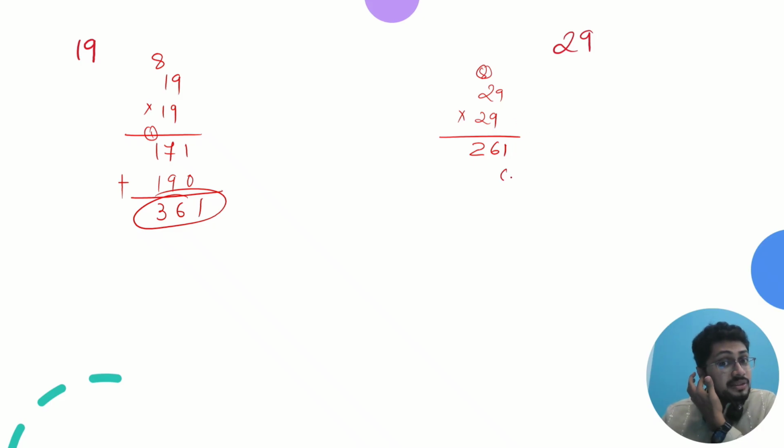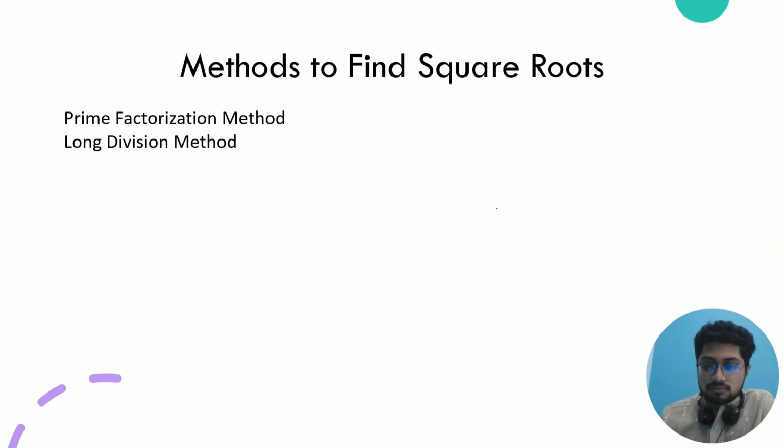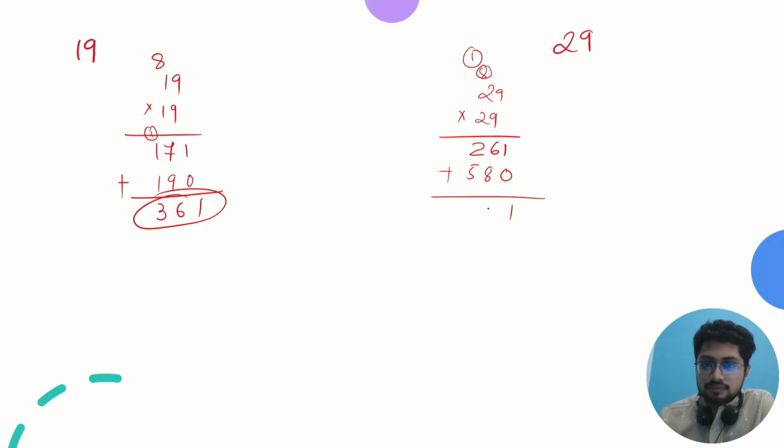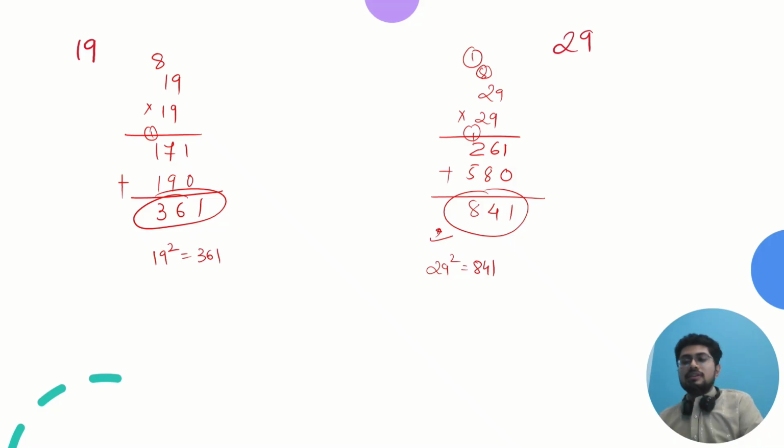Then 0, 2 9s are 18, and then 2 2s are 4 plus 1, 5. 1 6 plus 8, so it's 4. 2 plus 1 is 3, 3 plus 5, 8. So answer will be 841. So the square of 29 is 841, and the square of 19 is 361. So that's how you can find the square.